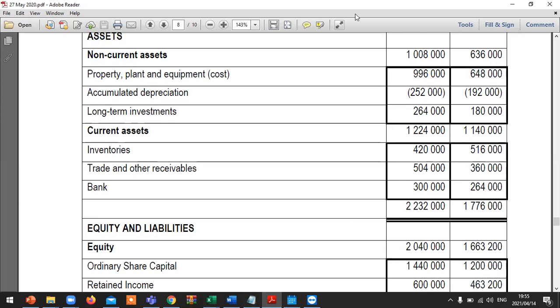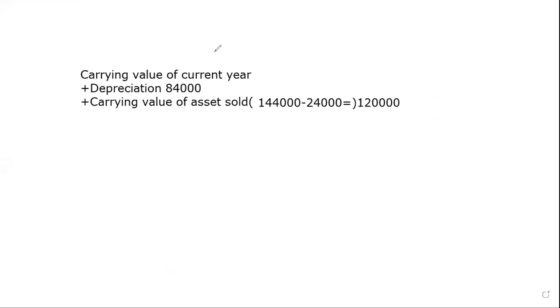Let me quickly go back to the whiteboard. 996 minus 252 is equal to 744,000. This is the carrying value of the current year.